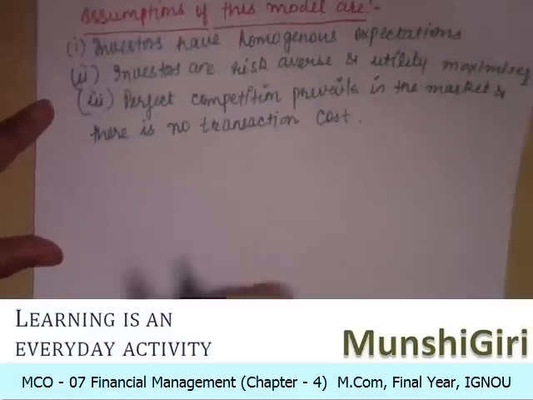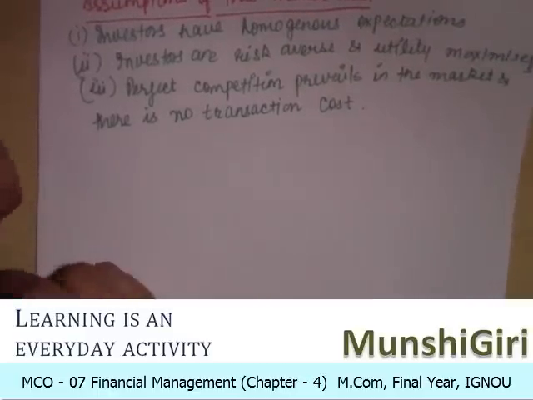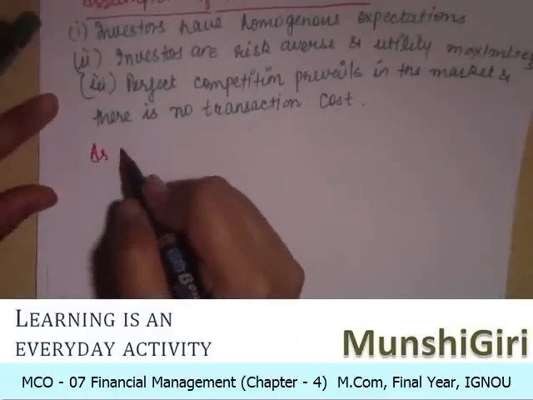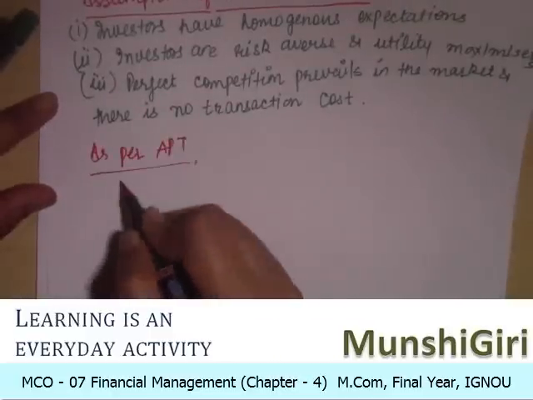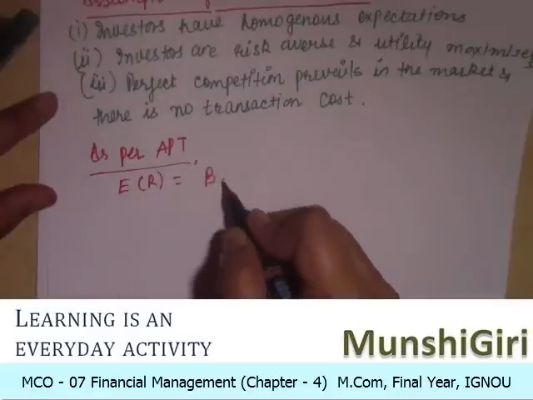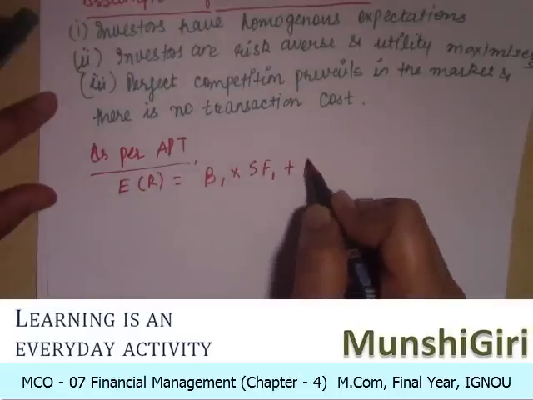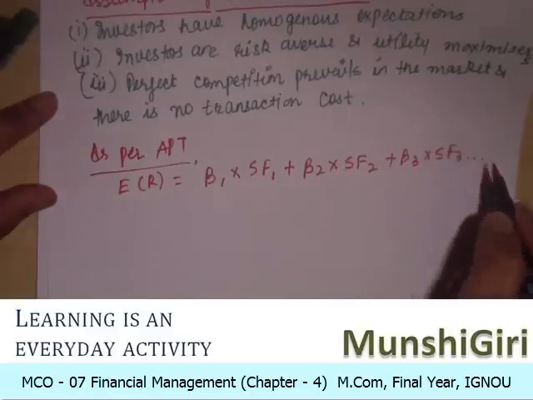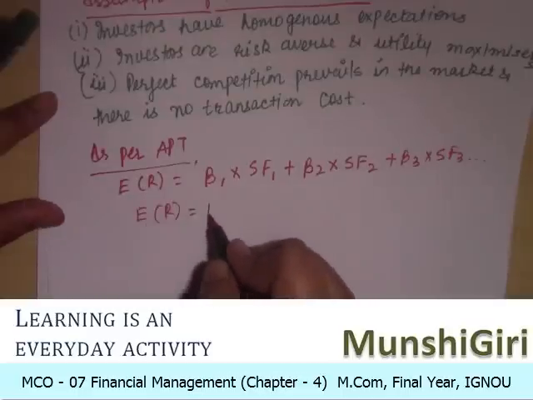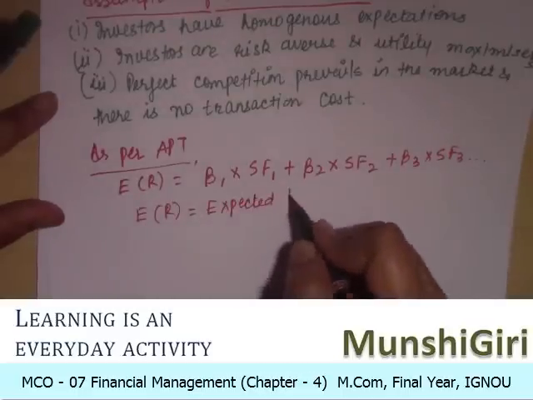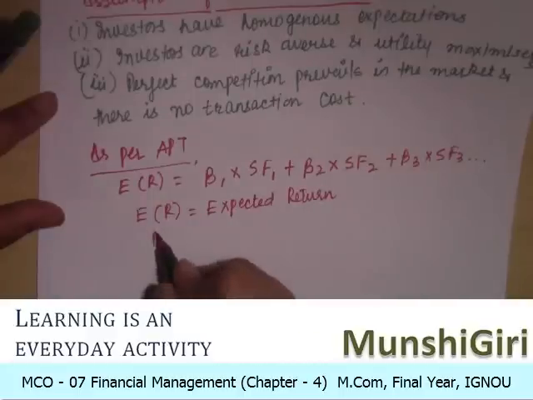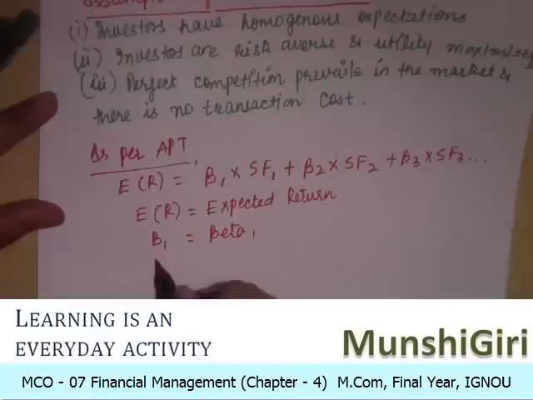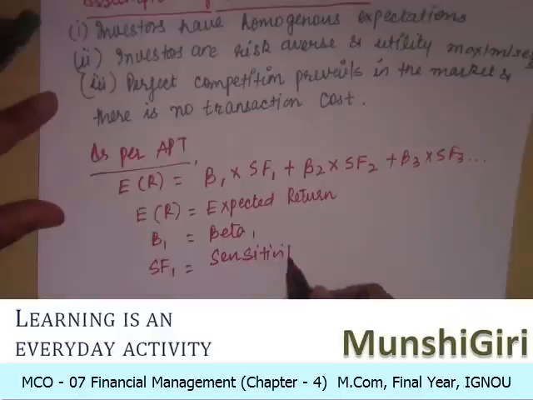The formula for arbitrage pricing theory, for the calculation of expected return, is: ER equals B1 into SF1 plus B2 into SF2 plus B3 into SF3 and so on, where ER is expected return, B1 is beta 1, SF1 is sensitivity factor 1, and so on.